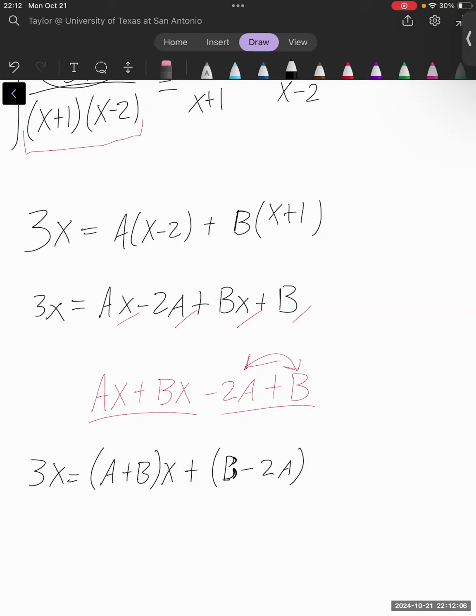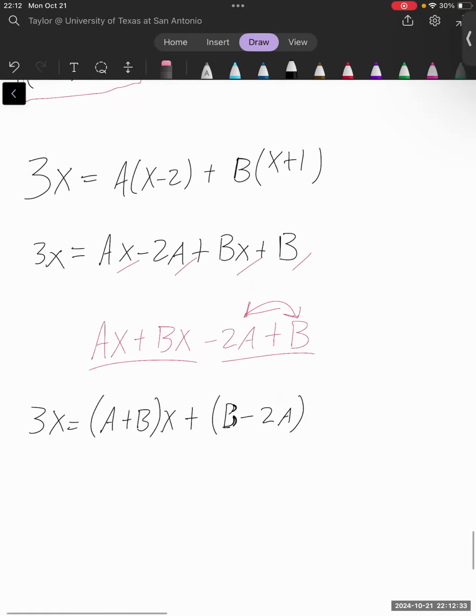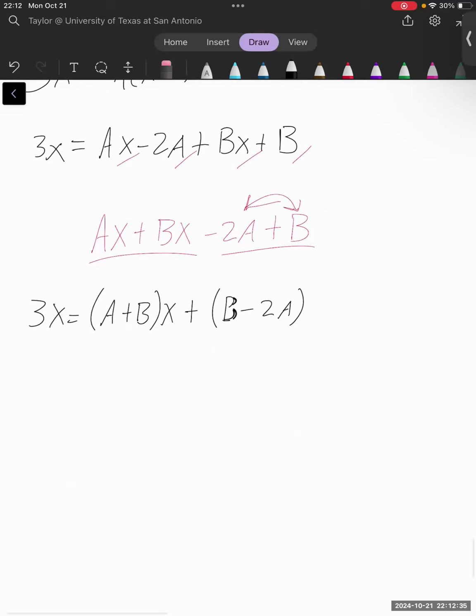Next thing I want to do is recognize the form that we have on both sides. Over here we have a 3x, and over here we have a plus b times x plus b minus 2a. So this tells you that this might be an extra term because we don't have a variable attached to these parentheses.